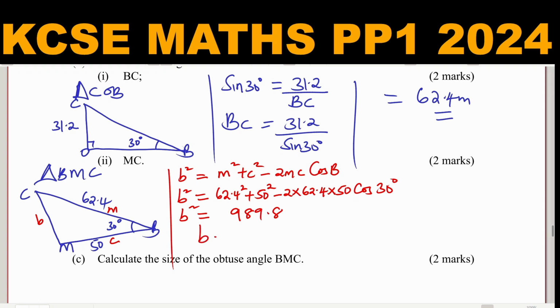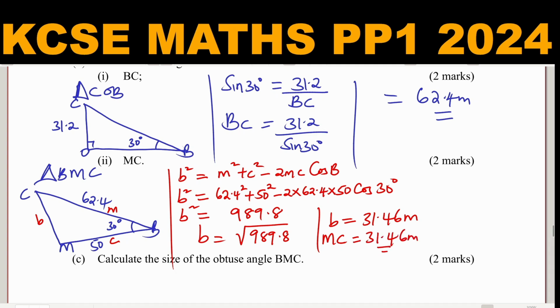So B will be given by the square root of 989.8, and this will give B as 31.46 meters. Remember, B is what you're looking at, that is MC. So MC is 31.46 meters.